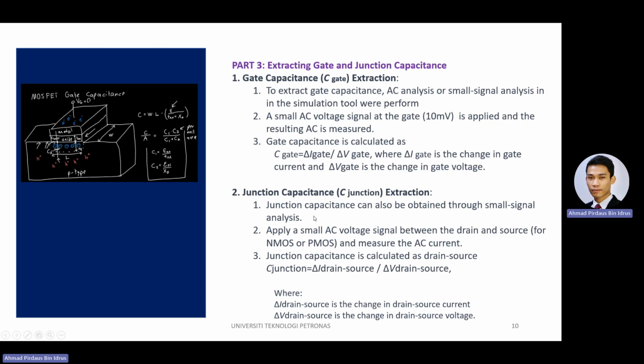So this junction capacitance can also be obtained through the small signal analysis, whereby we apply the small AC voltage signal between the drain and the source for NMOS or PMOS and measure the AC current. So the junction capacitance is calculated as the drain source capacitance junction here with the formula, and where the drain source is the change in the drain.